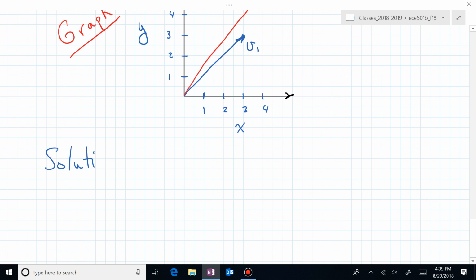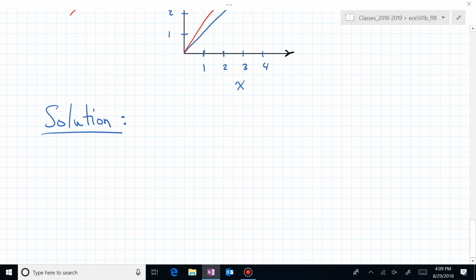What I want to do in this solution is illustrate that you give me a point and I can give you an A1 and an A2 to get you to that point, where A1 scales the first vector and A2 scales the second vector. So how can we now parameterize the span of V1 and V2?